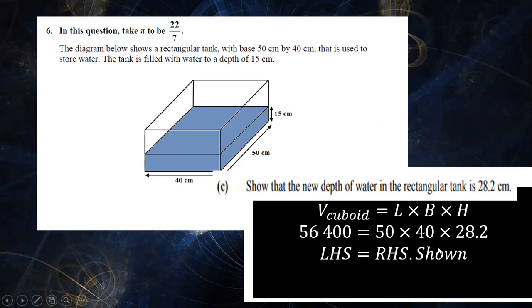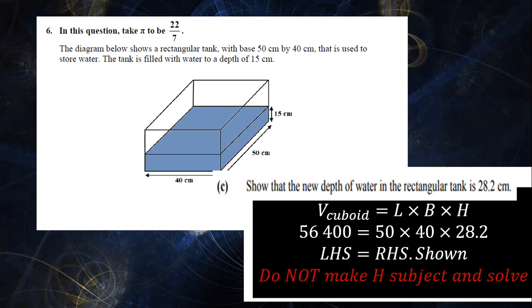What you should not do is don't make H the subject and solve, right? That would just take you in a different direction. Just show that the left-hand side is equal to the right-hand side.